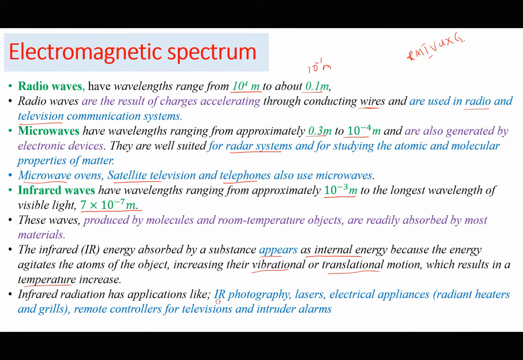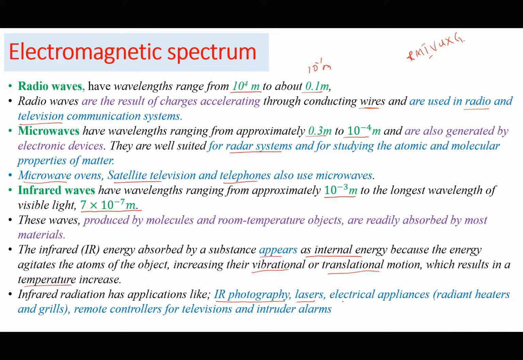We have what we call infrared photography, which you mentioned in IGCSE. I don't want to talk about it here. We have lasers. Many lasers use infrared radiation for transmission of information. For example, optic fibers use infrared radiation, especially for telecommunication and so on.